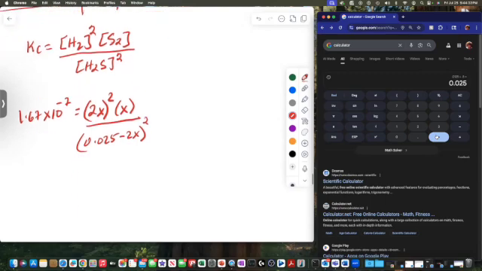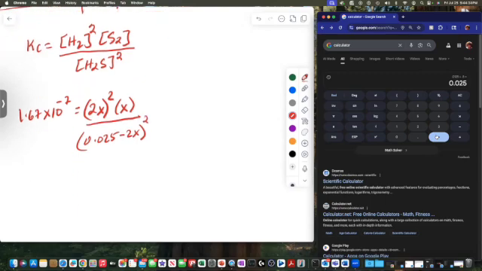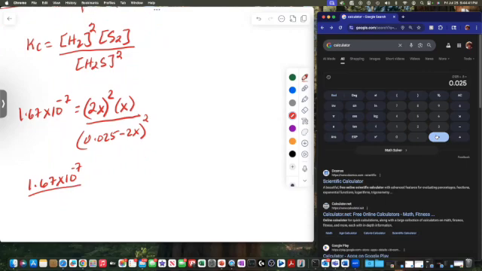Now, remember, our goal here is to apply the 5% rule. So, our 5% rule says 1.67 times 10 power negative 7. And our initial amount was what? 0.025 times 100. So, let me go ahead and divide this by 1.67 exponent negative 7, close parentheses.